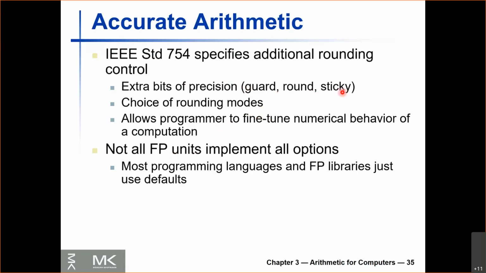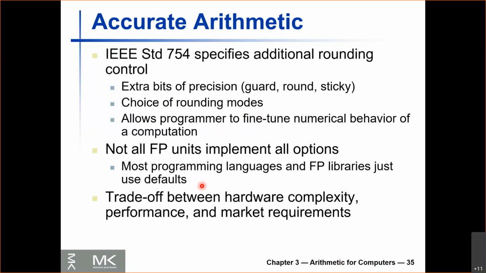Okay, and in most programming languages and floating point libraries, they just use whatever default option is available on the hardware. Okay, but if you're a programmer that really cares about rounding and what gets rounded to what, then some floating point units don't give you the option, others might, and you have to go into the lower level internals of the hardware to specify how you want rounding to behave.